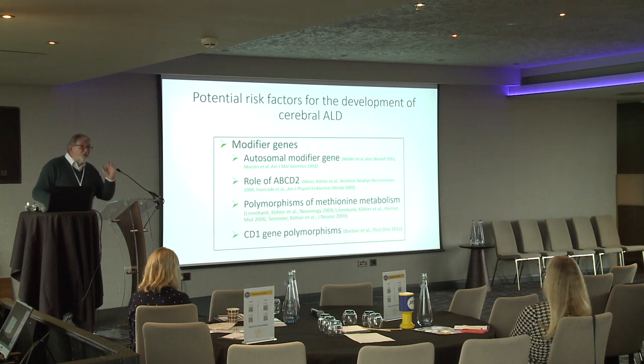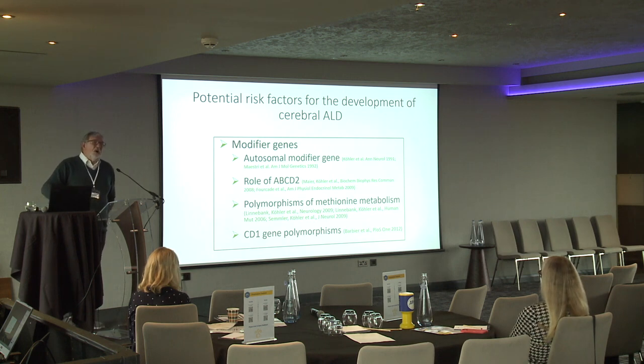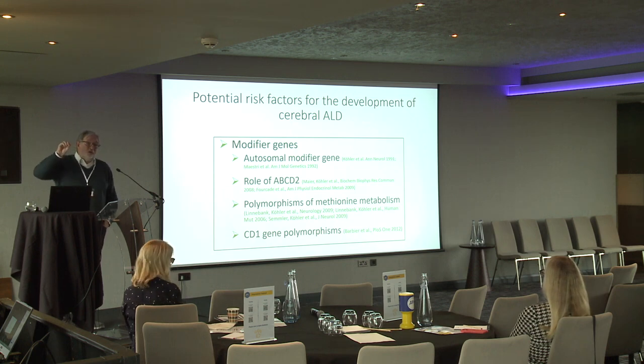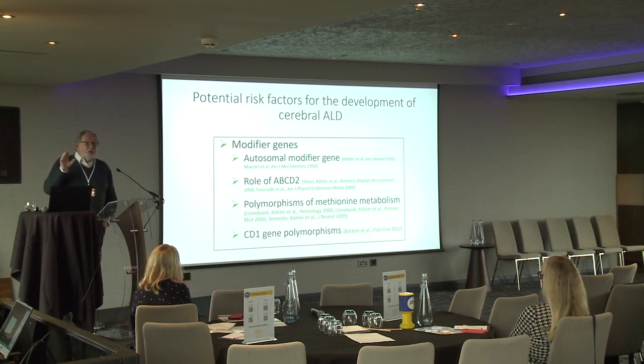So coming back to potential risk factors, there are a lot of things under discussion over the years. There are a lot of discussions on modifier genes. Are there some genes other than the genes directly involved in the disease pathogenesis, which are important for the clinical progression of the disease, so-called modifier genes?